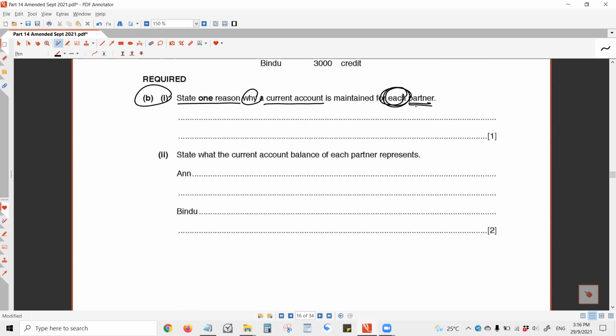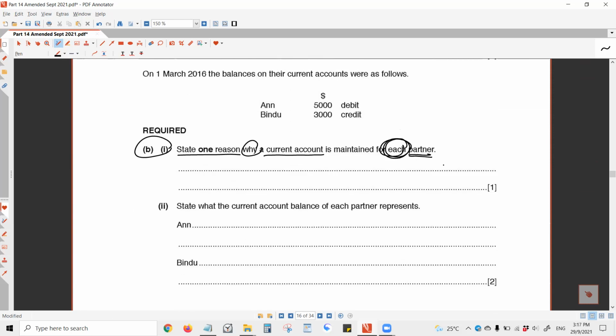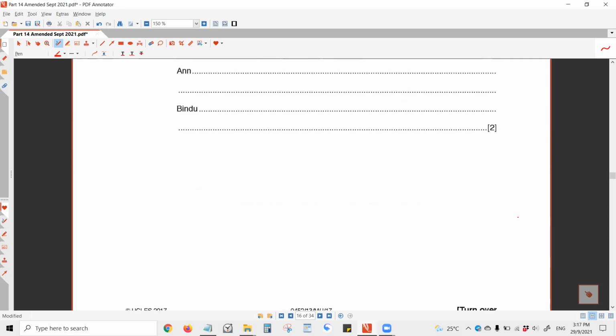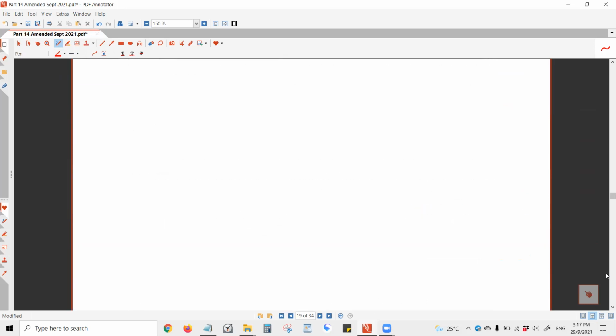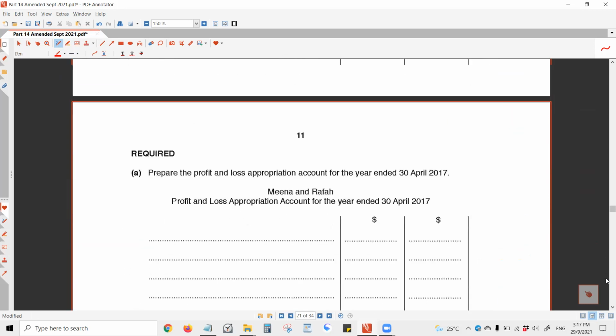But this time you only have half of the question from earlier. They don't ask you for the reason why you need to have two capital accounts for two partners. Here is about current account. So write the same answer: you can know who takes more drawings. You can easily see who takes more drawings. So you can see how popular it is. We have seen a few of them.